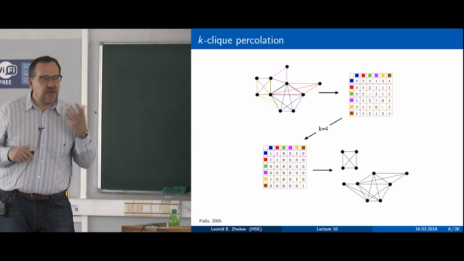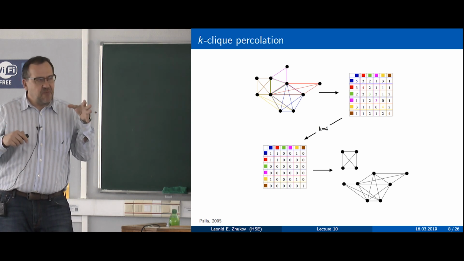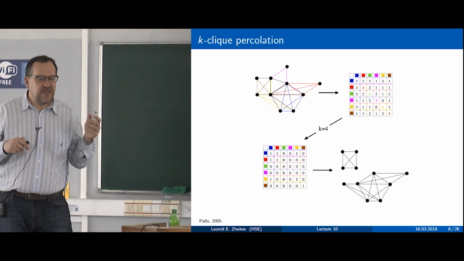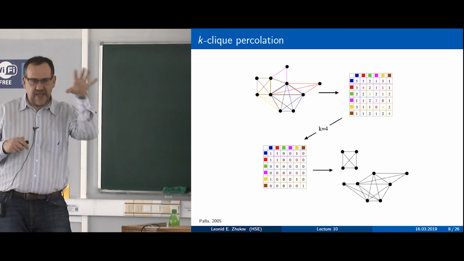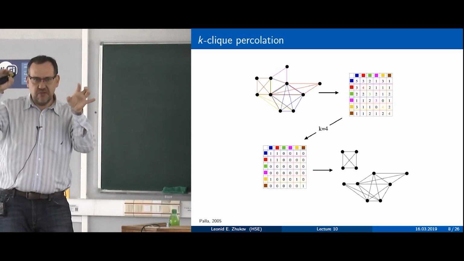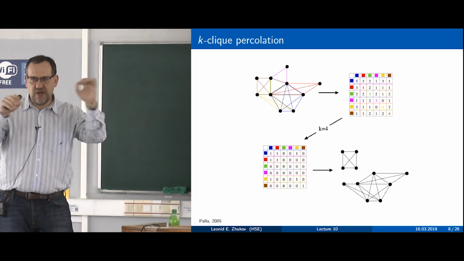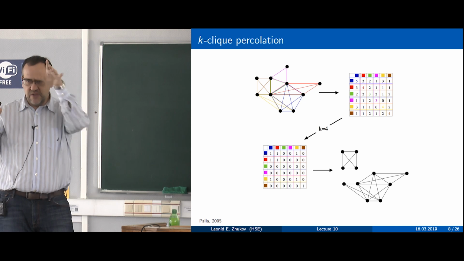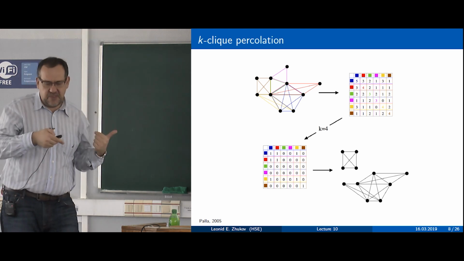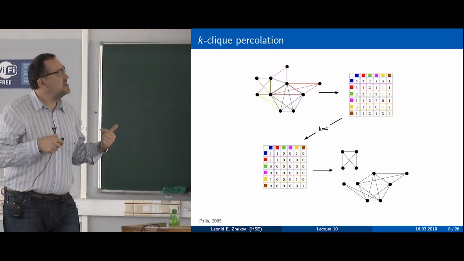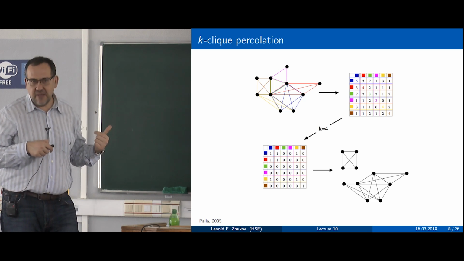So the challenge here is the following. Remember, in the previous algorithms, there was always sparse connectivity, right? You have a few groups, communities, and they're sparsely connected with edges. And we try to remove those edges and detect those communities. Here, it's an opposite situation. You have communities that are very, very tightly overlapping, right?